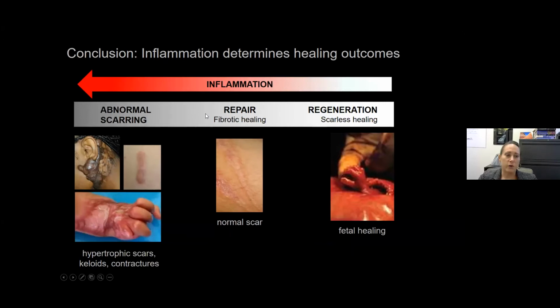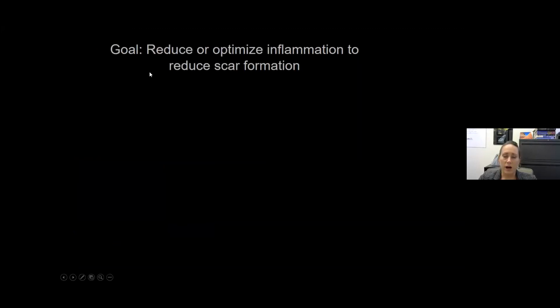And so our goal really is to either reduce inflammation in human wounds to reduce scar formation, or optimize the inflammatory response. So I've been speaking in general terms, but obviously you need some inflammation to help prevent infection.